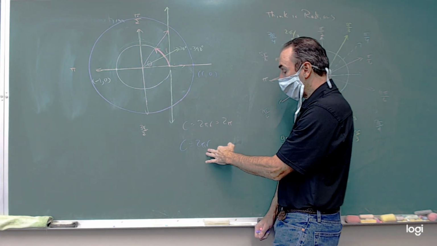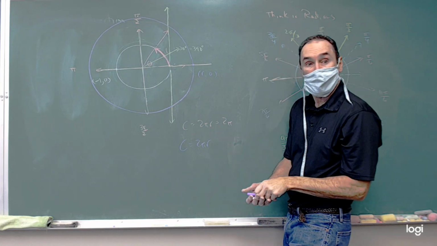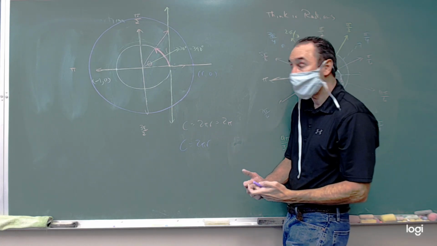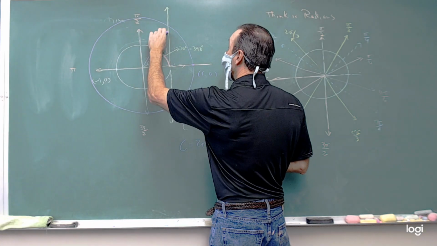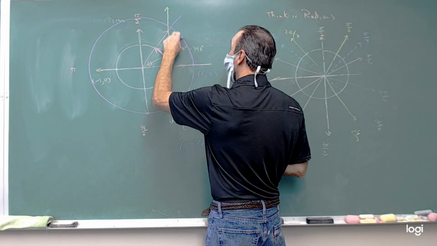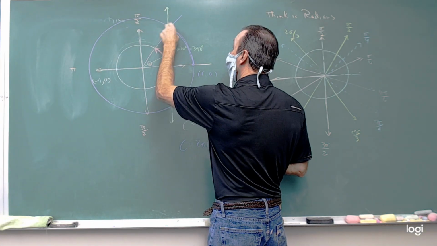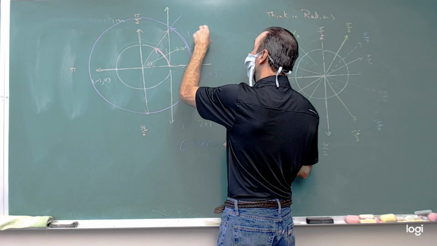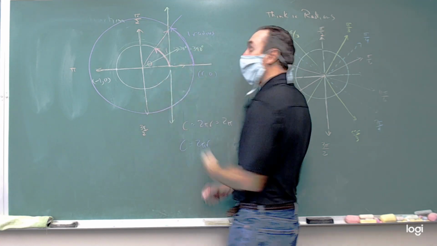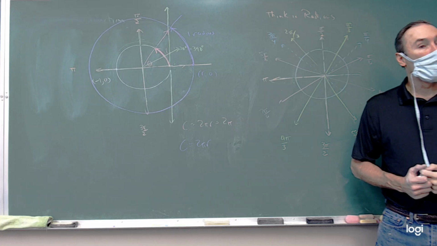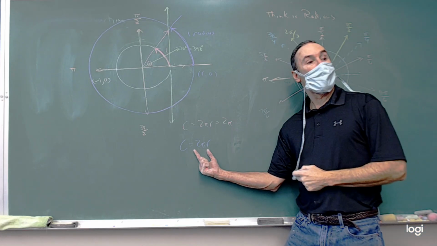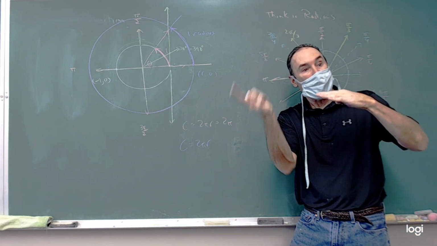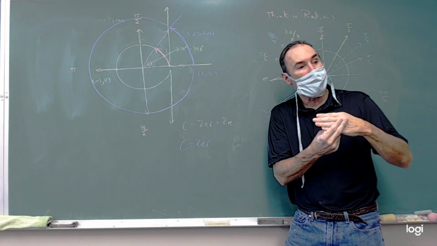Now, what we do for an angle, for a circle that has a radius other than 1, is this: the same angle will be a length of 1 radius. So if we travel r along there, there are 2 pi of those arc lengths all the way around the circle.